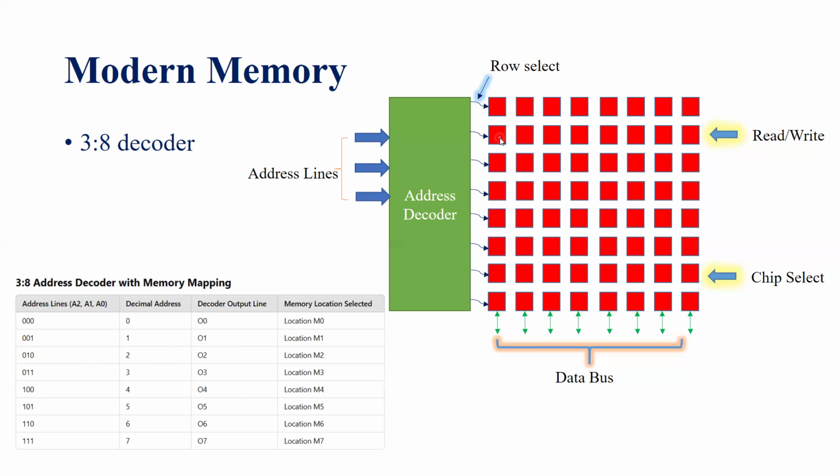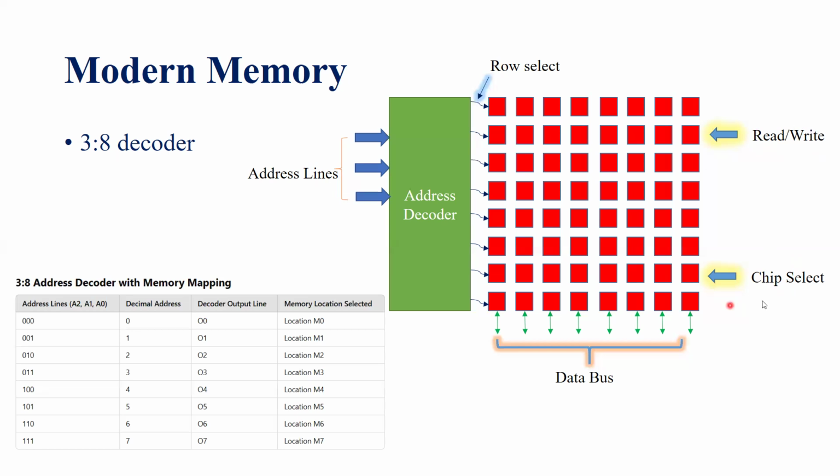Now when you have a particular row selected, in that particular row, these are called control signals: read or write, chip select. So there are, let's say, a total of three signals. This could be a combined control signal also, read or write, depending on whether you have 0 or 1. You should put a bar over one of the controls here. First of all, the chip select signal is an external signal coming for the memory.